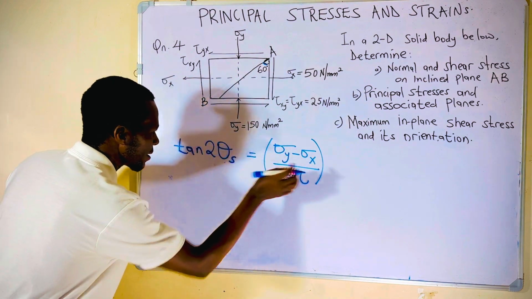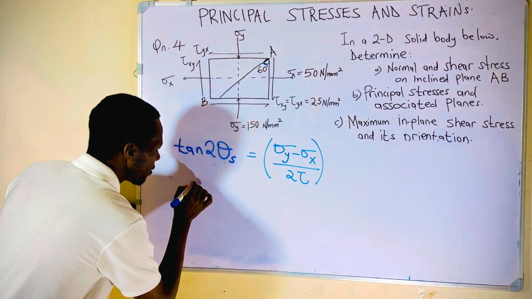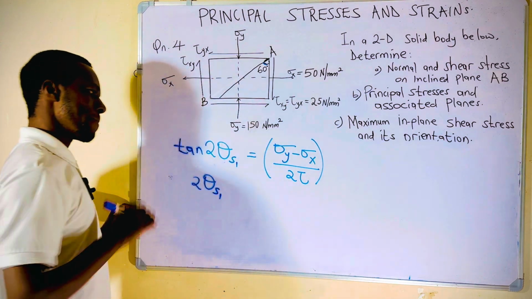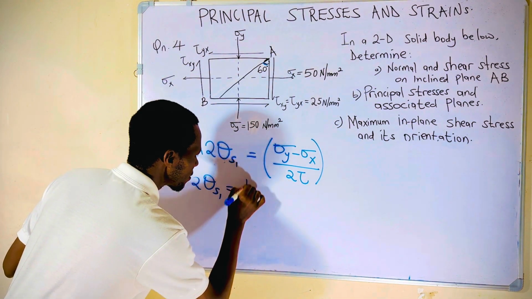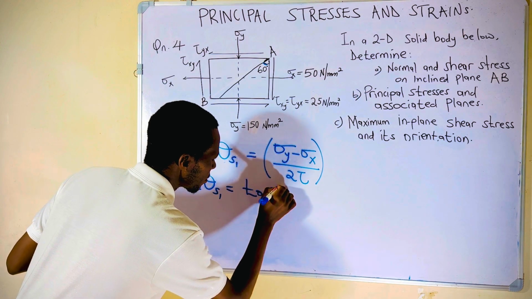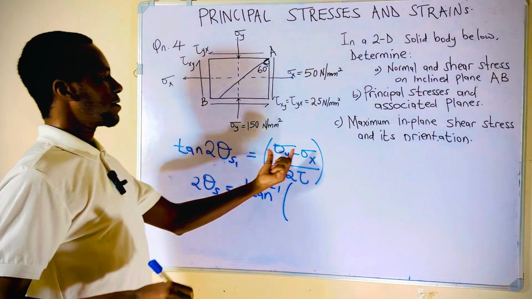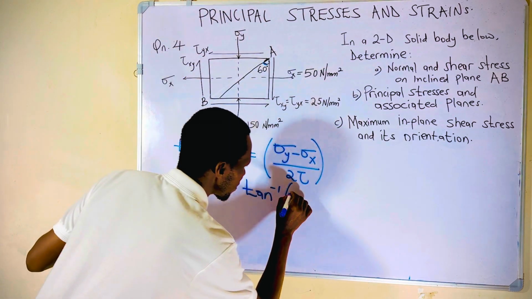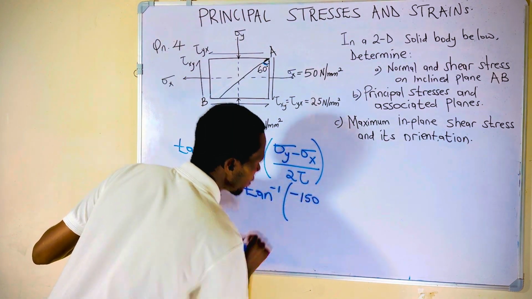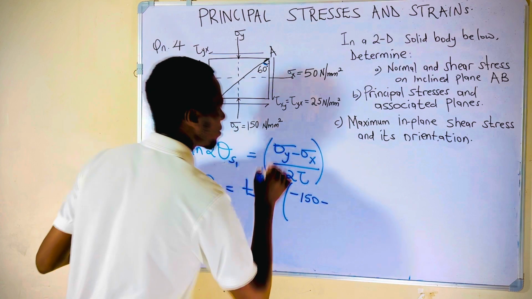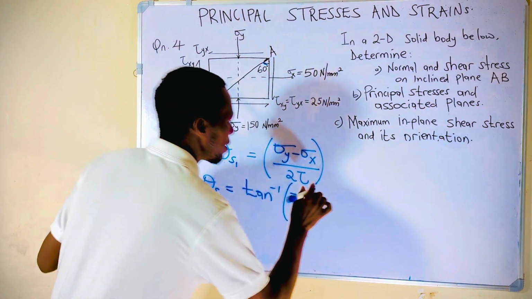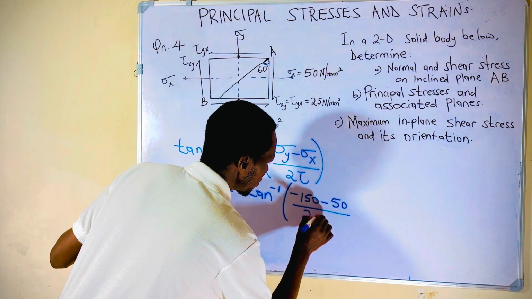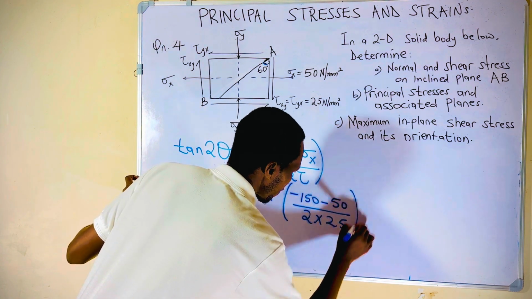If I take tan to the other side, I'll remain this side with 2 theta s, let's call it s1. Okay? And this is tan inverse of, can you substitute this? Sigma y, because it is compressive, it's minus 150, minus sigma x, because it is tensile, it is positive 50. Everything is divided by 2 times 25.